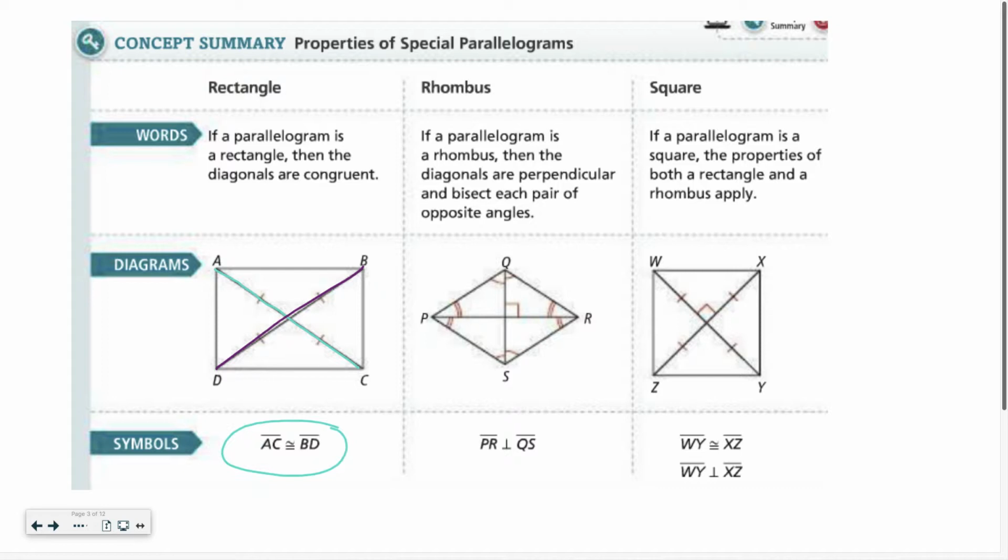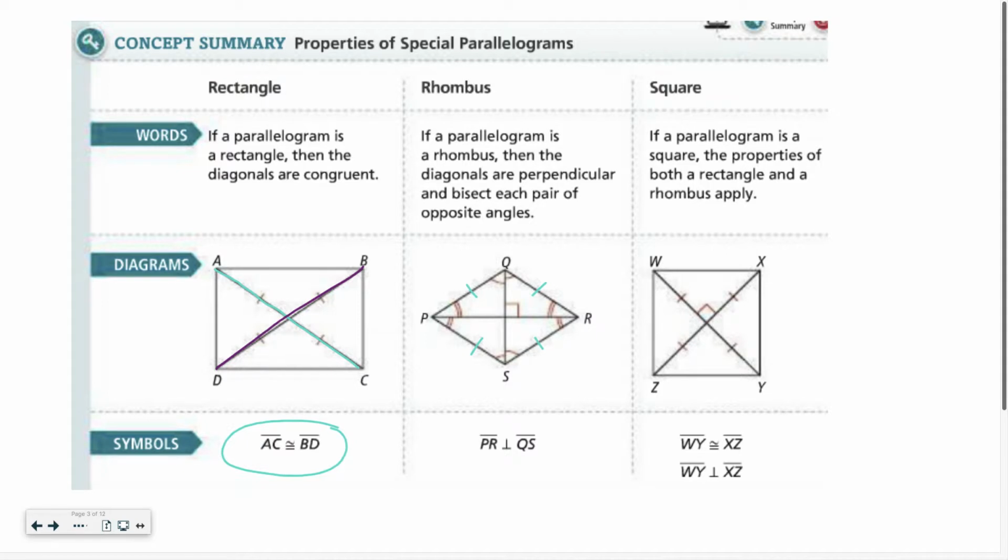Then a square combines everything we just talked about from parallelograms, rectangles, and rhombi. So we have one last thing for a rhombus: all four sides are congruent. Our book never mentions that. They just expect you to know it from previous classes. So I'm going to remind you, a rhombus has four congruent sides.